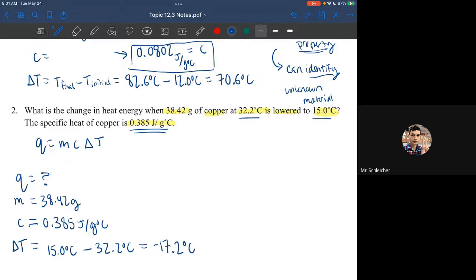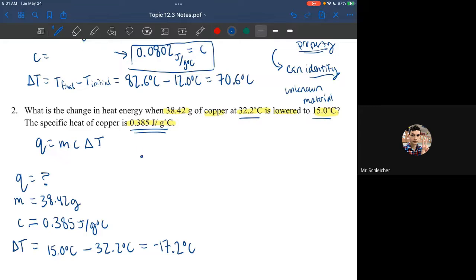All right, since we know all of this stuff, let's go ahead and plug it into our equation. The one thing I want to be really clear on is that positive and negative numbers do matter here. So the fact that our change in temperature was a negative number, make sure to bring that negative into the equation.